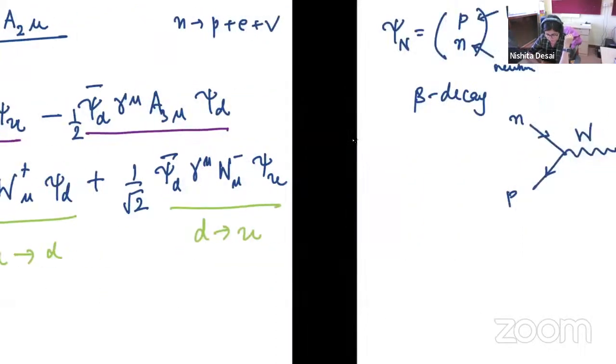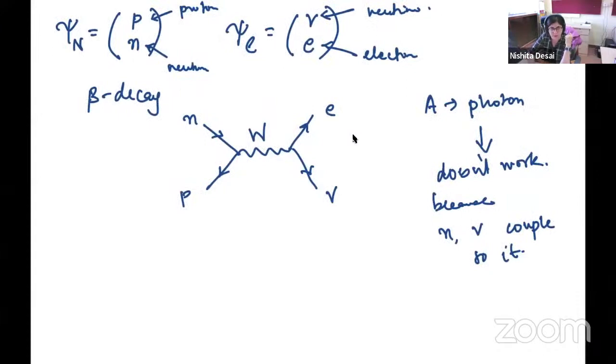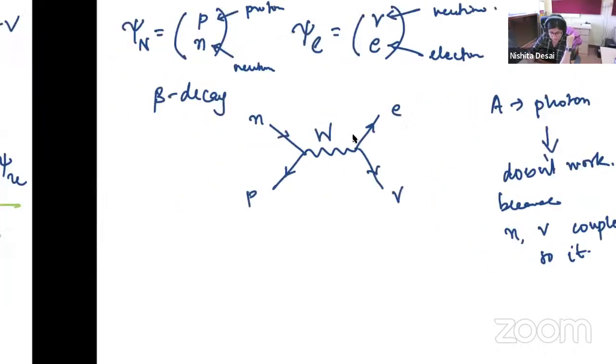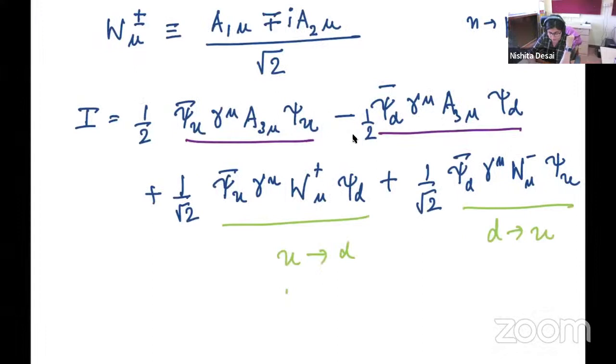We wanted to write down a toy model that could do something like that. Since you want a charge change, the neutron is chargeless and the proton is singly charged, you need some sort of charged gauge boson to carry away the extra charge that then gets transmitted to the electron.